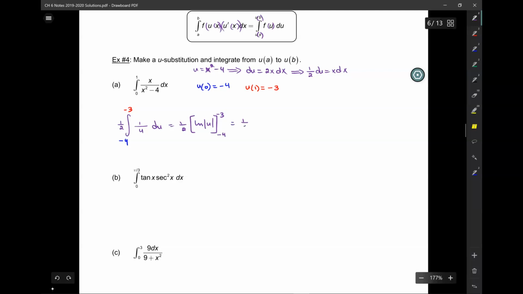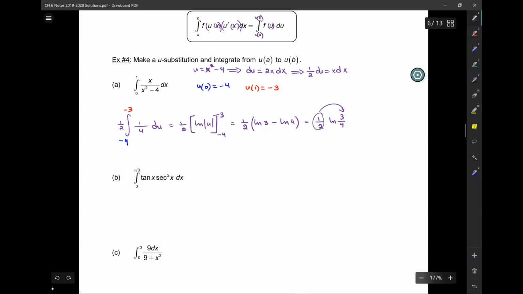So this is 1/2 ln of 3 minus ln of 4. So now look at this. This is 1/2 ln of 3 over 4. But what happens to the 1/2?